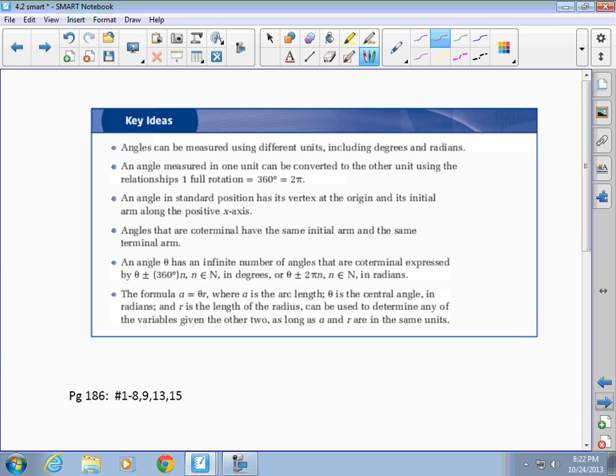And then we did the arc length formula last time. I have a feeling that this is the wrong section review. I think this is from 4.1. But anyway, arc length is just theta times r. So your assignment there is on page 186, questions 1 to 8, and then 9, 13, and 15.